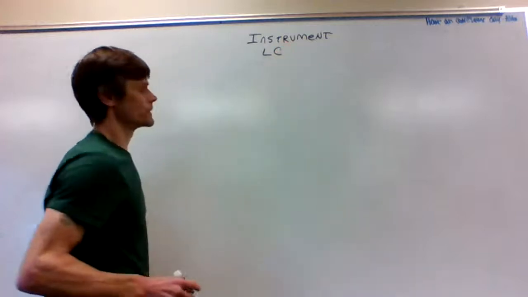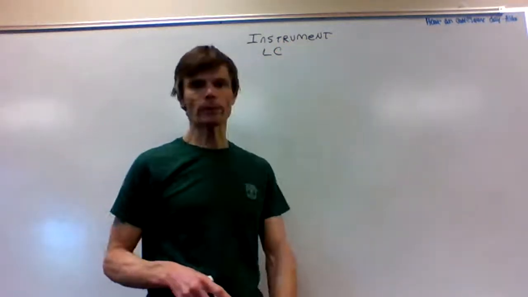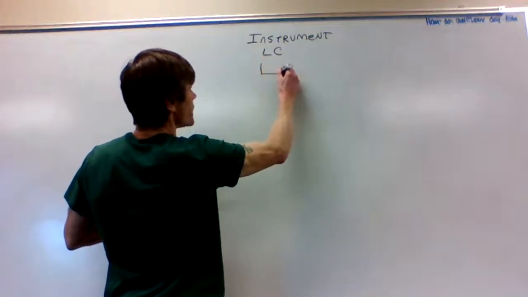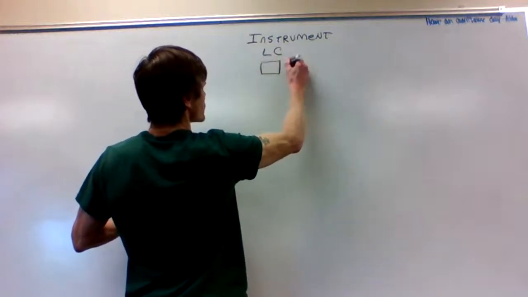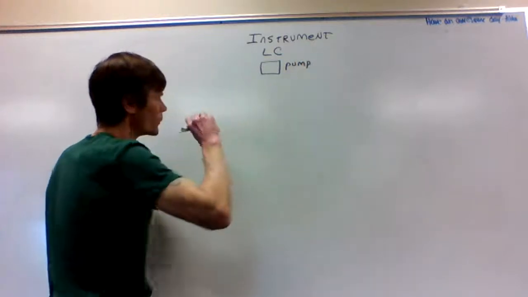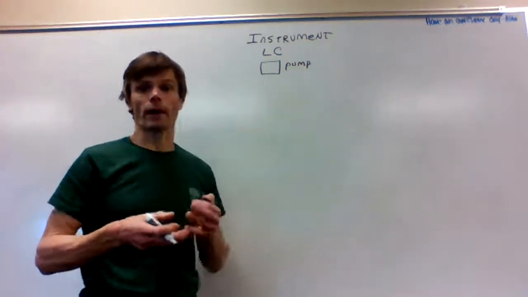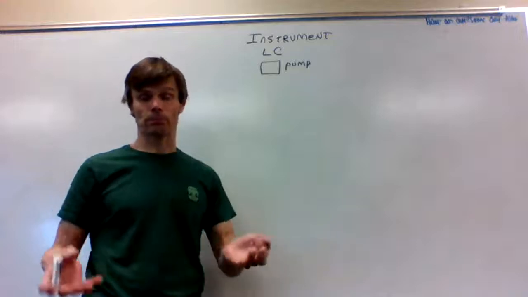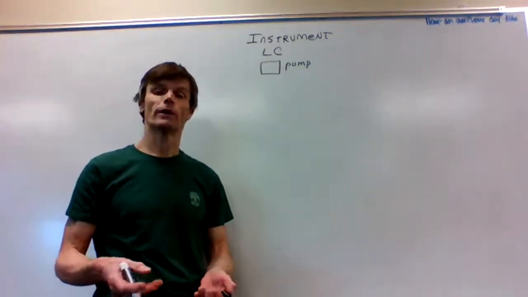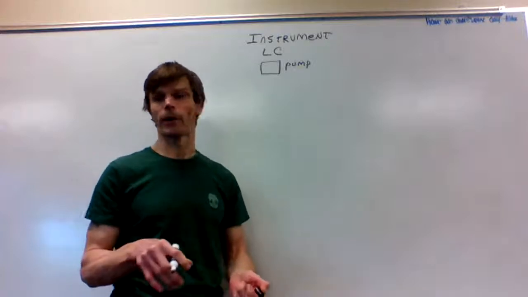This is for LC. Now for LC, there'd be a pump involved. So this is a pump. What we use for our most effective way of preparing and introducing our liquid sample is a pretty high pressure pump.